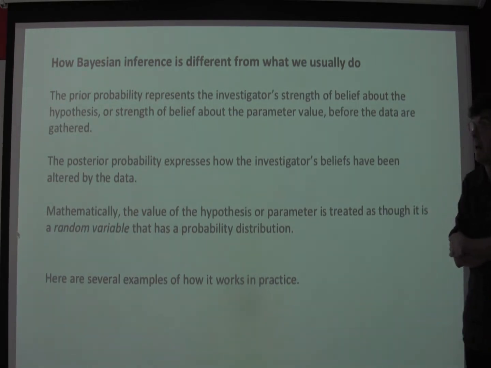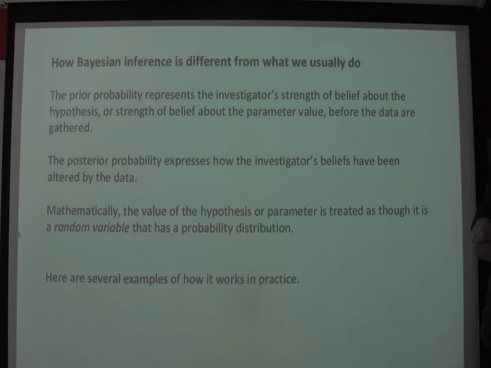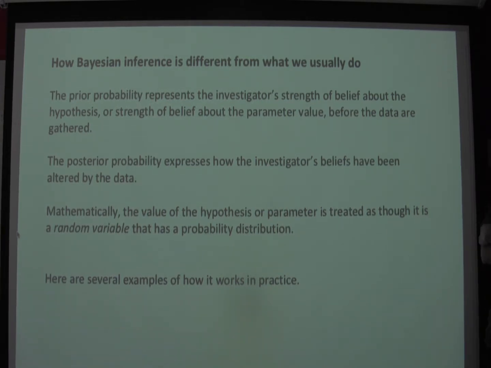Just to summarize then, how Bayesian inference is different from what we usually do. Probability is not a long run frequency anymore. It's a degree of belief. And we have two probabilities, the prior and the posterior. The prior is the investigator's strength of belief about the hypothesis before the data are gathered.